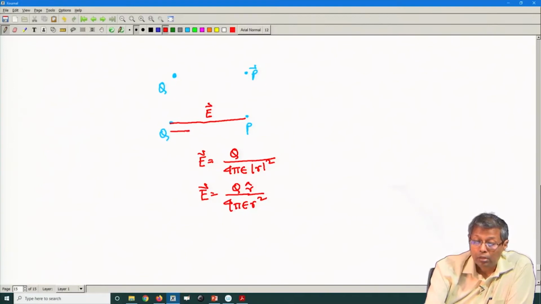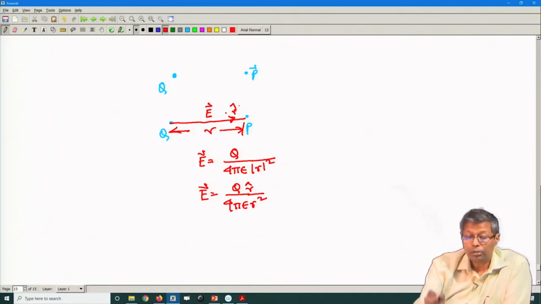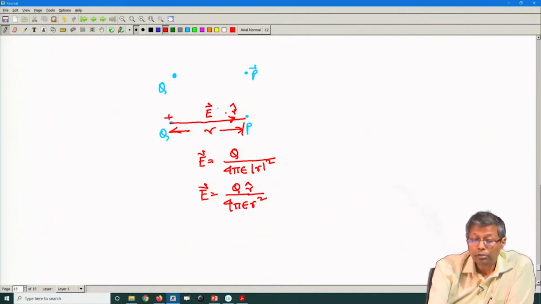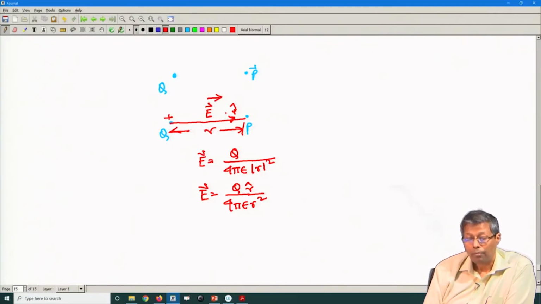So, this is the distance r and this is the unit vector along the r direction. If I have a positive charge, then this electric field will be along this direction. So, this is the expression for the electric field.